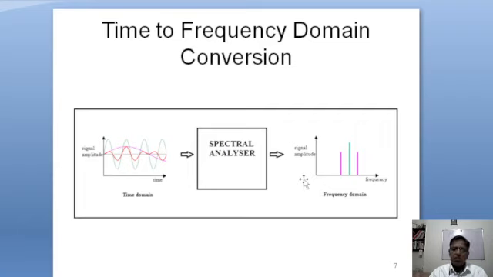The study of the frequency domain is important to find out the exact location of the fault. Without analyzing a signal in the frequency domain, you cannot find the exact location of the fault.